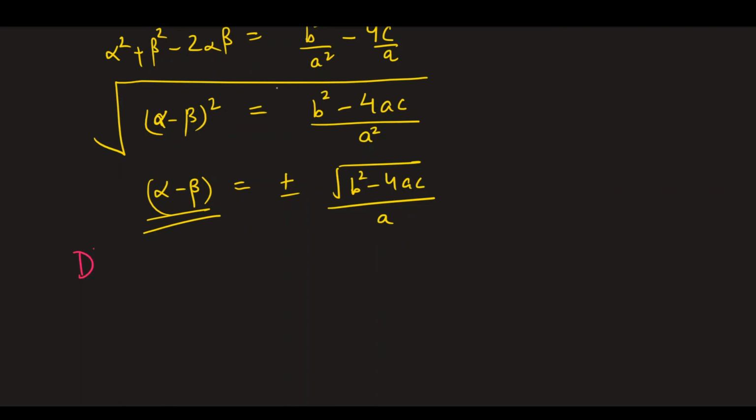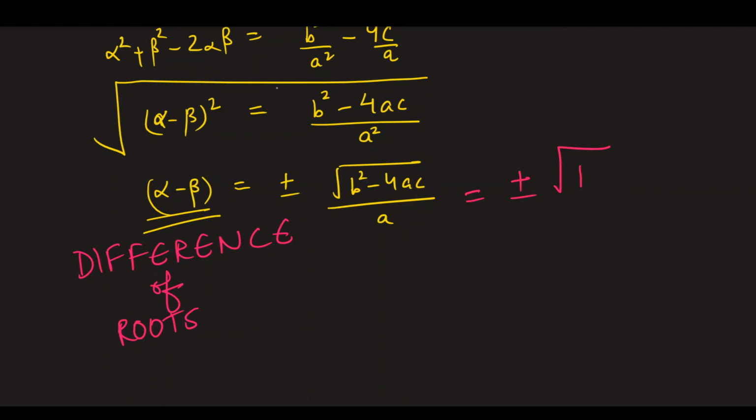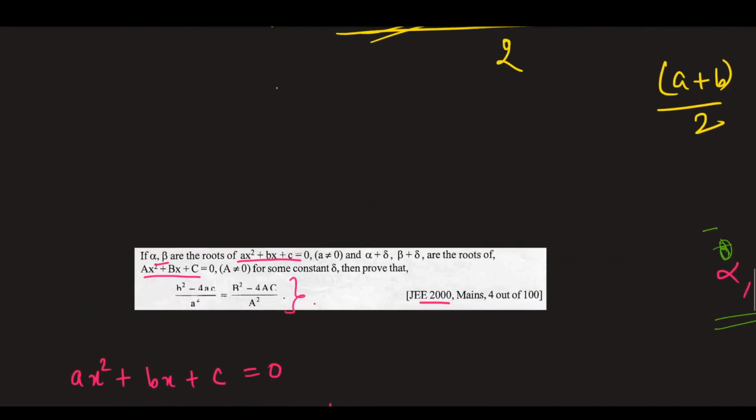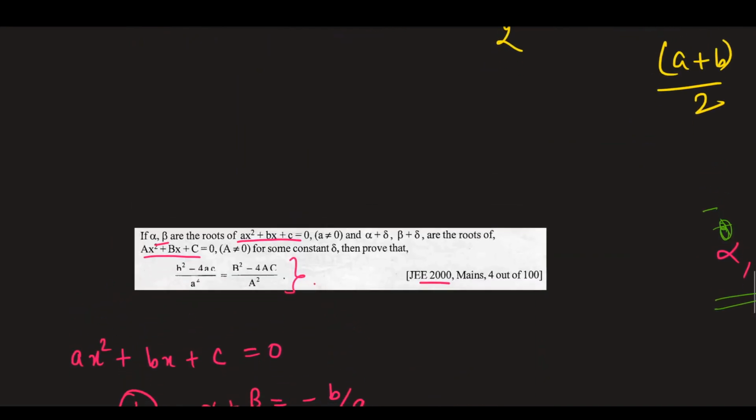This is the difference of roots, and its value is equal to plus minus root of capital D upon small a. Now just apply this formula in this equation. How can we apply this formula? Its difference can be written as alpha minus beta, and this difference is (alpha plus delta) minus (beta plus delta).